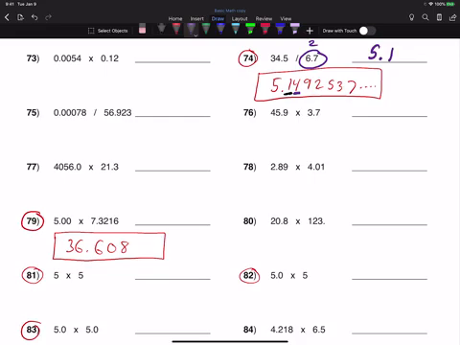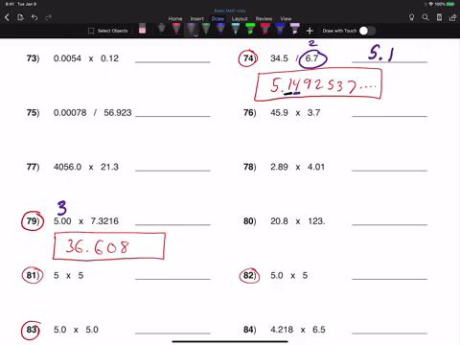Now I didn't write down units for any of these problems, just for simplicity, but let's treat all of them as measured values with units. In 79, the product is 36.608. Well, multiplication is done the same way as division. The first number contains 3 sig figs. The second number contains 5 sig figs.